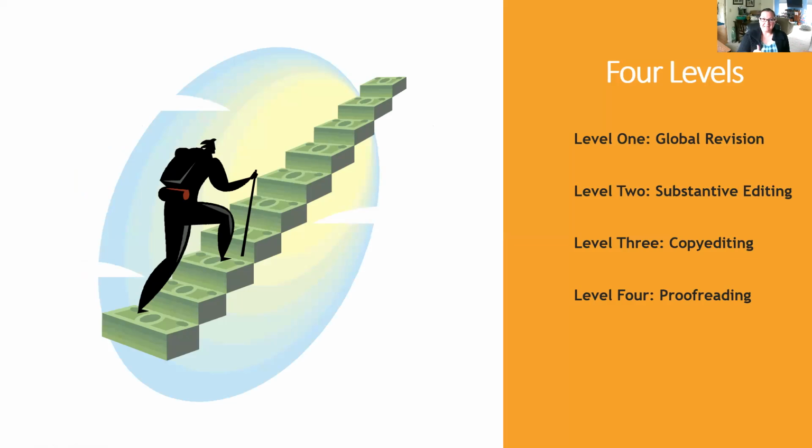We tend to skip over those first 3 levels and go straight to level 4, which is actually what we should do last. And we're going to look at each of those levels one by one so that you can see what you should be looking at and looking for in each step along the way.